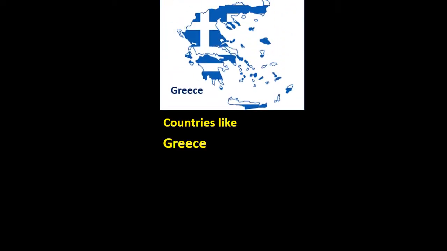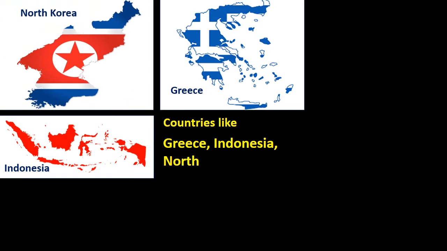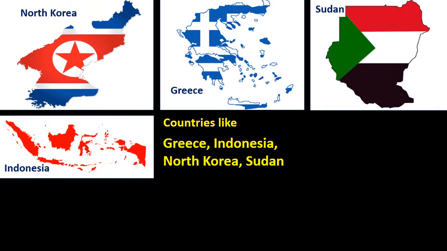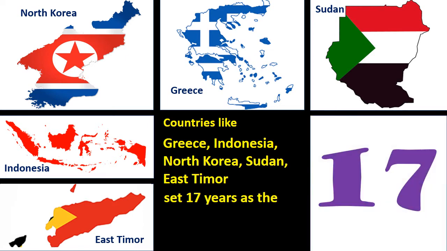Countries like Greece, Indonesia, North Korea, Sudan, East Timor set 17 years as the minimum age for voting.